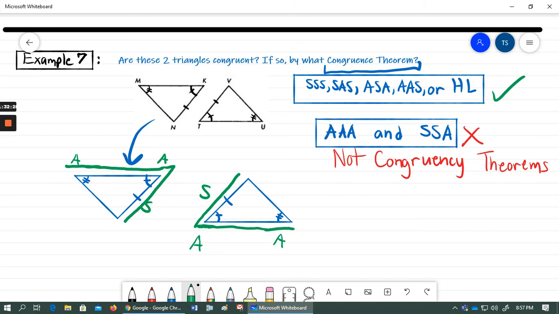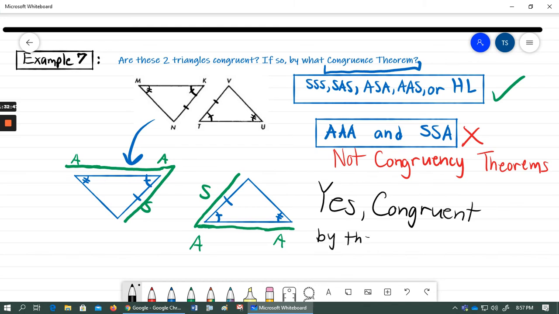And so for that, again, we can say that these two triangles are congruent, and they're congruent by the angle-side congruence theorem.